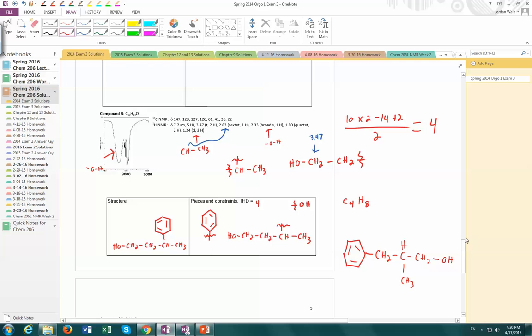So one thing that jumps out is what kind of splitting pattern would we expect for that proton? It's got 7 neighbors, so we expect an octet. But we don't have an octet for that. We're told it's a sextet. So that's one clue against that.